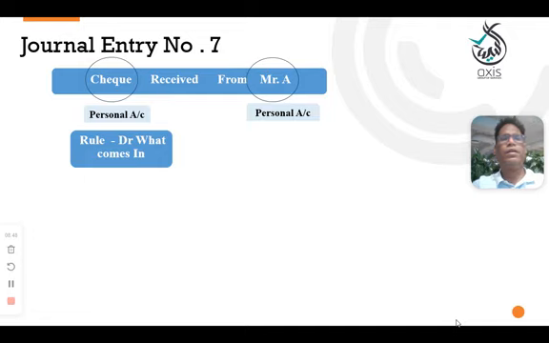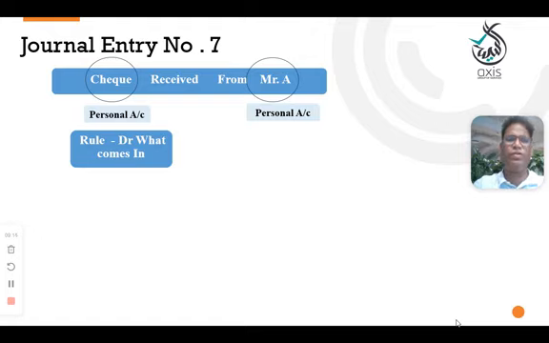So here, step number 3 is apply the rules. So try to understand, revise the rule of a personal account: debit the receiver, credit the giver. In this, check received means, here I think they mentioned the wrong rule.